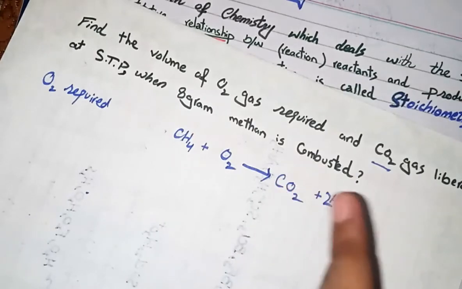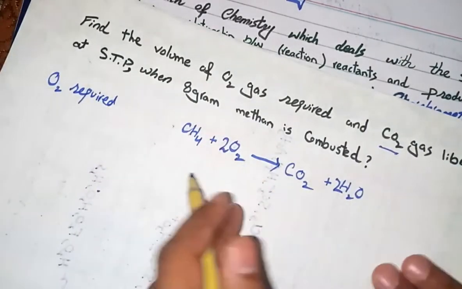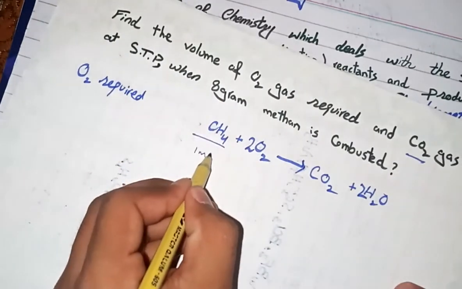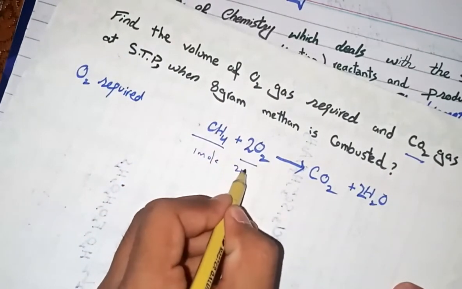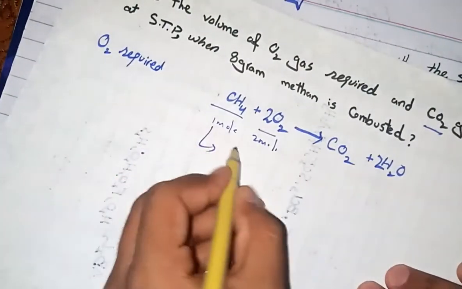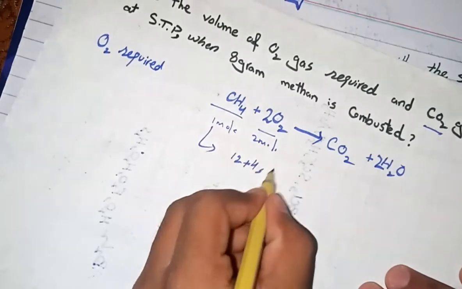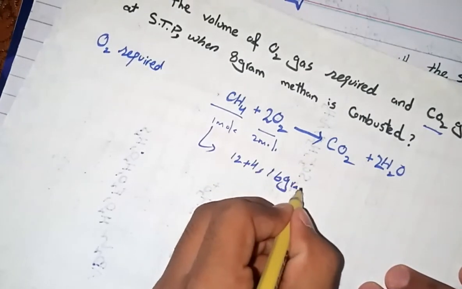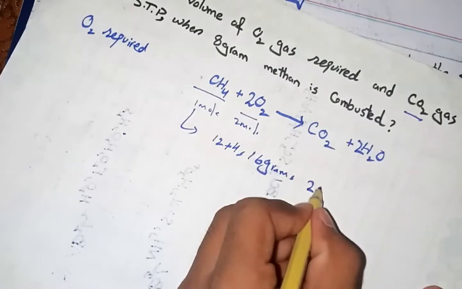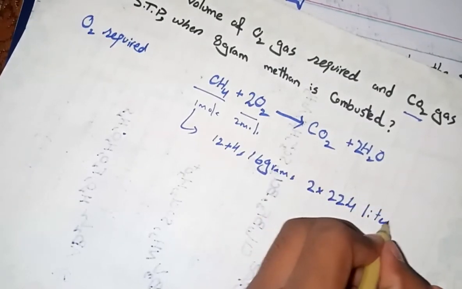For balancing this equation we write 2 here. This is 1 mole, 2 mole, 1 mole, as 12 plus 4 is equal to 16 gram. It takes 22.4 liter volume.